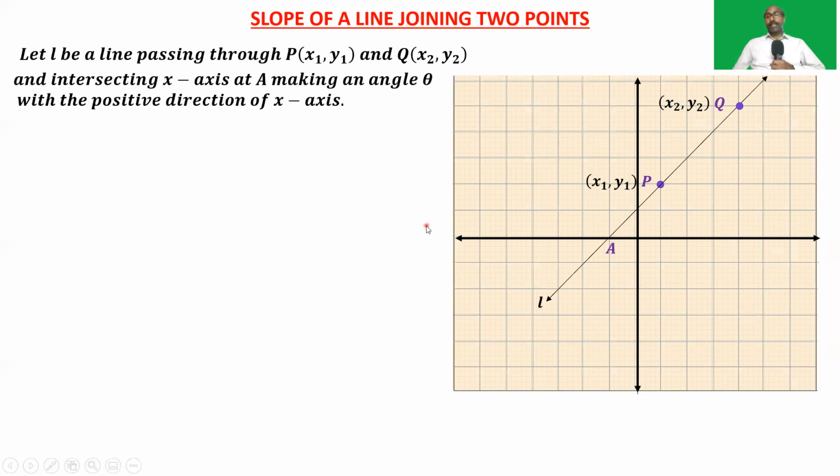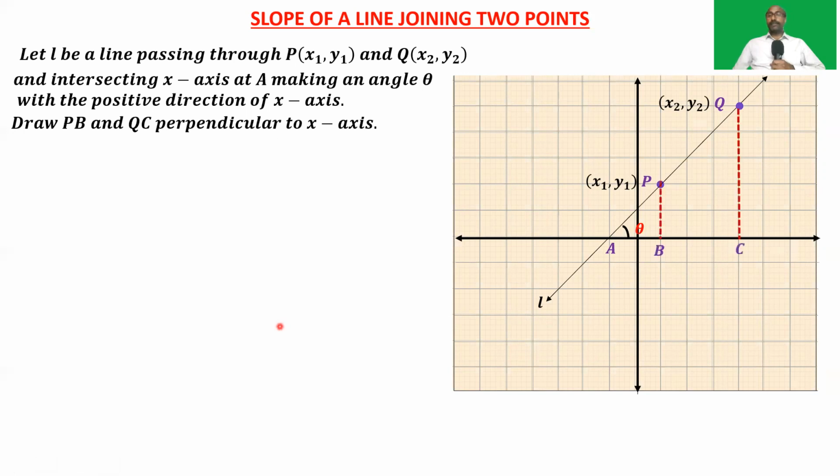of the x-axis like this. The line is intersecting the x-axis at A and this line is making an angle theta with the x-axis. Now draw PB and QC perpendicular to the x-axis like this. Here PB and QC are perpendicular to the x-axis.